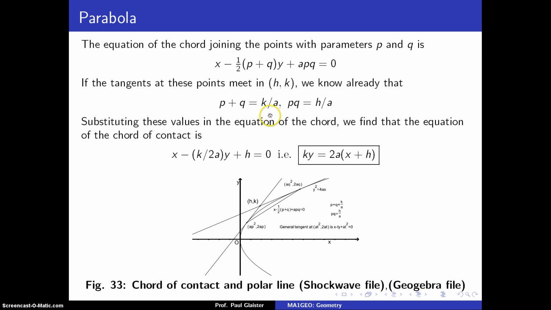In other words, P plus Q is K over A, P times Q is H over A. That means the equation for this chord can have P plus Q and P times Q replaced by these two expressions, and on rearrangement we have the equation in the box. This is the equation of a straight line. It only involves H and K and the parameter A, and that therefore is the equation of the chord of contact, or the polar line.